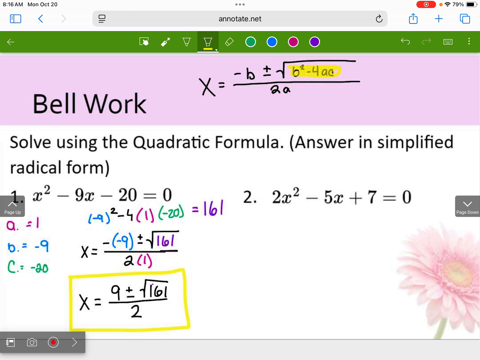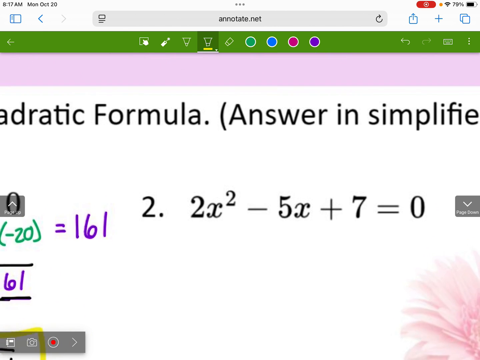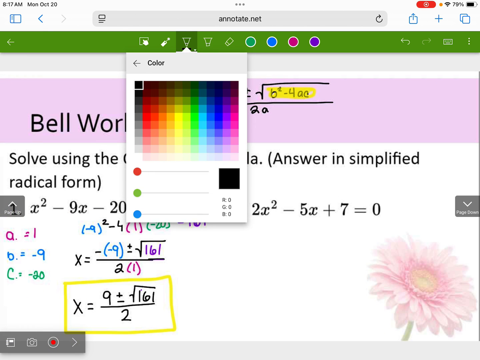See what we can do there. And we're going to do this one pretty much the exact same way.